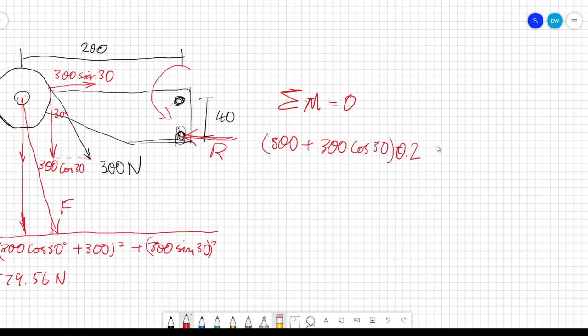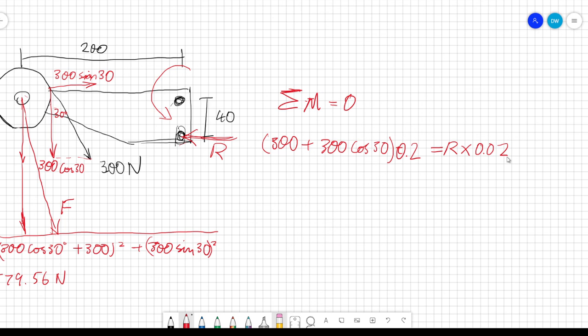So for the whole thing to not spin around, this whole moment, the force times the distance, has to be cancelled out by another force times distance. So it should be R times 0.04.